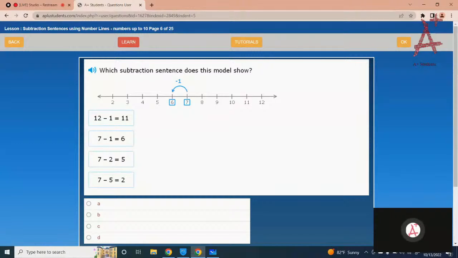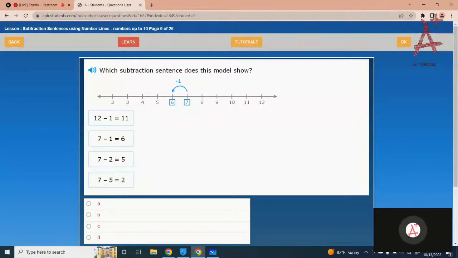Okay, which subtraction sentence does this model show? Again, you have to look for the numbers that are written in the blue squares. So what are the numbers? You started from 7. You move back how many times? Just 1 time.